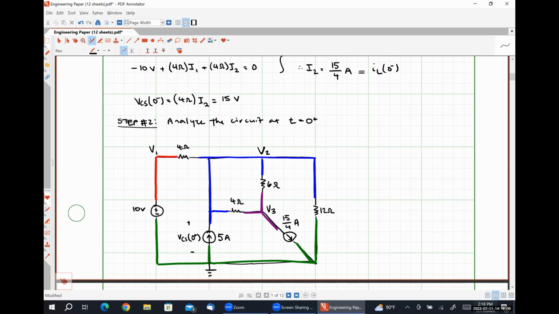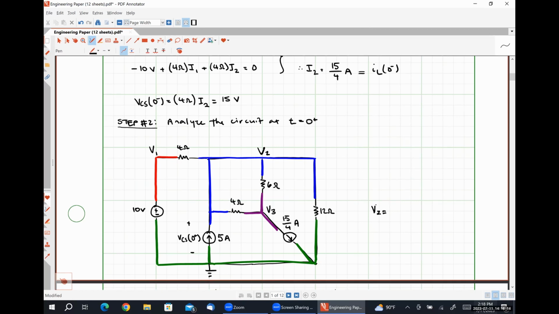And hopefully we can see by inspection that V2 is the exact same thing as VCS at 0 plus. So by doing nodal analysis for this particular circuit, we'll be able to figure out what our quantity of interest is in one step.